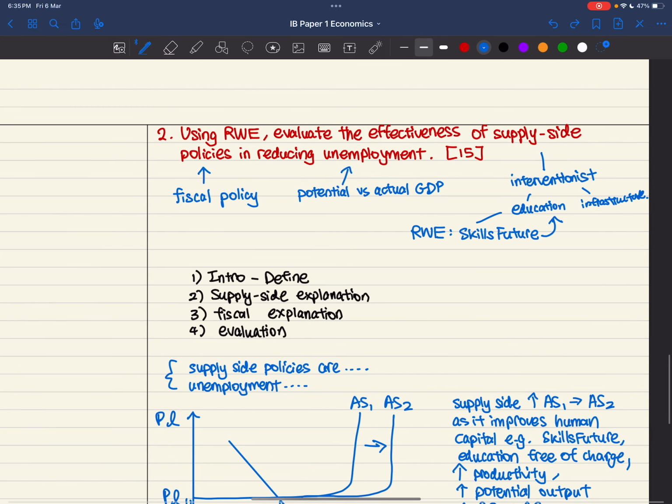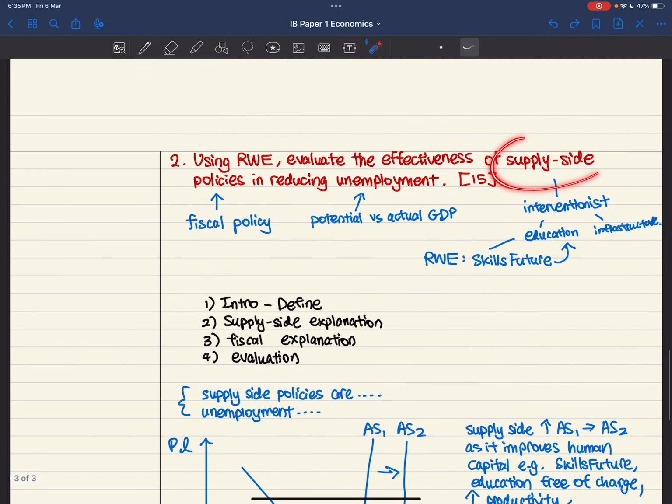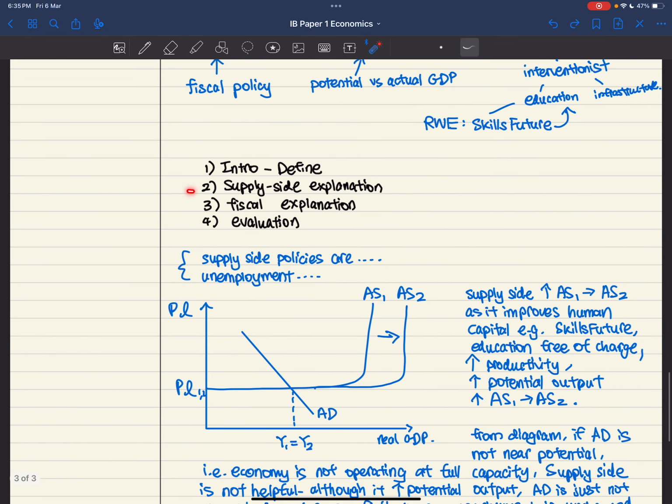So all you have to do is think clearly about what they want. Unemployment is actually GDP on the axis, as in what we learned. Supply side, just choose one, keep it simple. I would definitely do interventionist. Think about your outline. Think about supply side, fiscal, which one you want to support more.